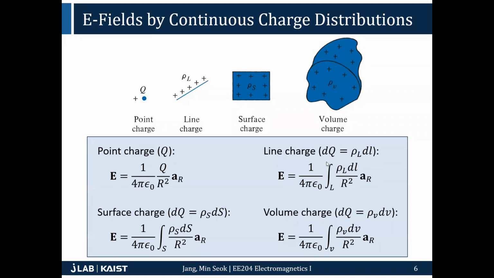And for line charge, the infinitesimal charge amount is actually rho dl. What you need to do is take rho dl and then perform a line integration in order to get the electric field. Similarly, if you want to obtain the electric field due to a surface charge distribution, you need to perform a surface integral. And similarly, for the volume charge, you need to do volume integration.